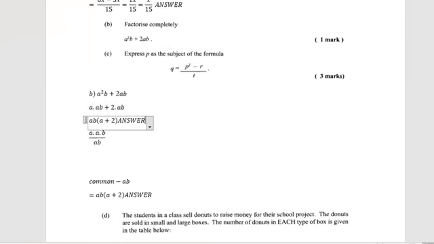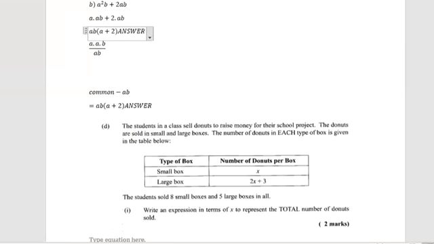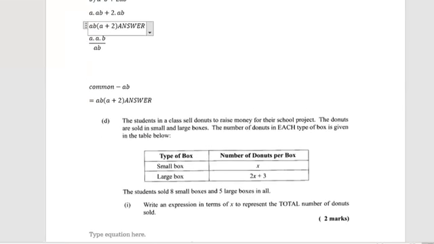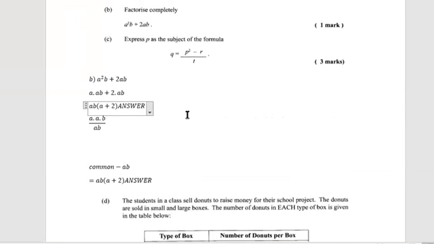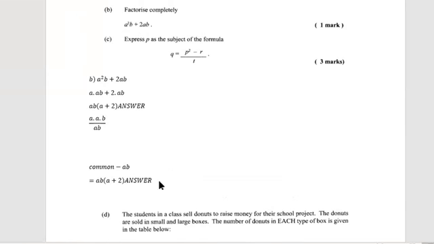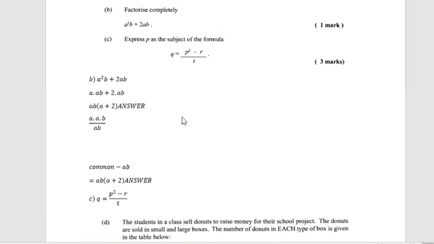So now we are going on to part C, which states express P as the subject of the formula. So what we have is P squared minus R divided by T. So what we have is now making P the subject of the formula.